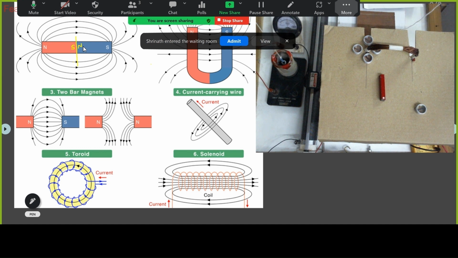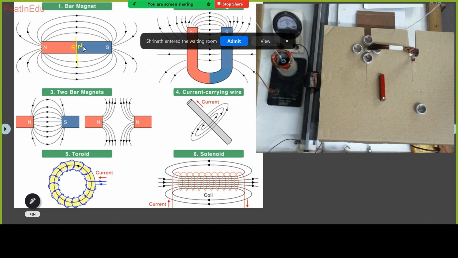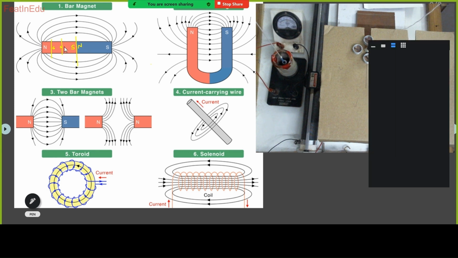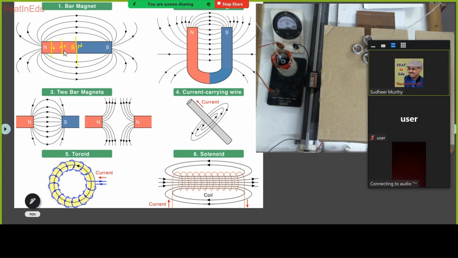That theory is sufficient for you to answer your own question. If I cut a magnet, it will automatically become another magnet with north pole, south pole. You make this into any number of pieces. North pole, south pole. North pole, south pole.